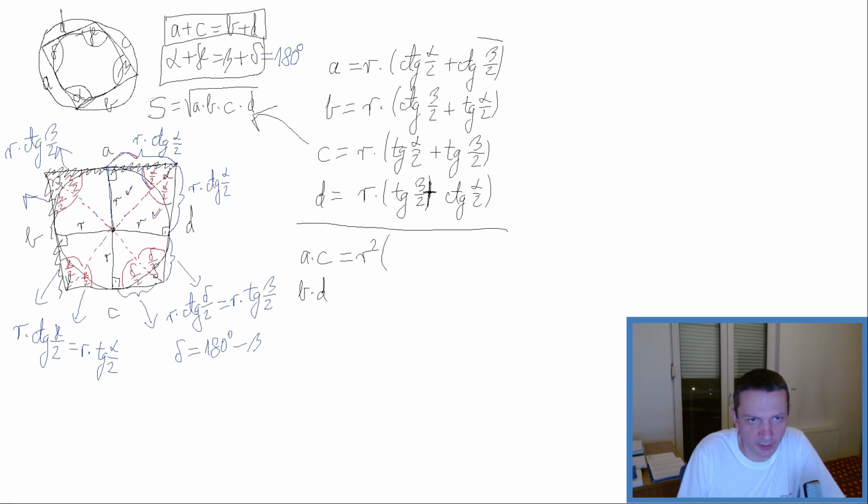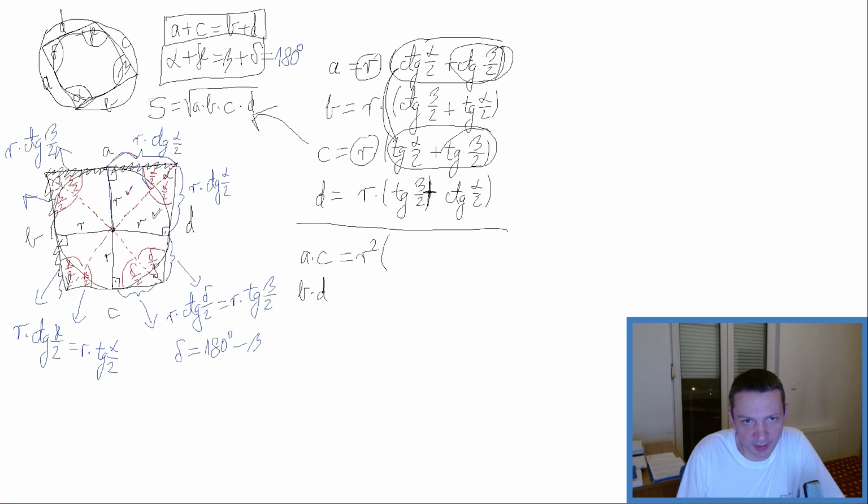So this is R times R, and now I will multiply this and this, and I use that tangent times cotangent is 1, so cotangent alpha half times tangent alpha half is 1.